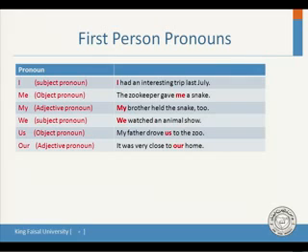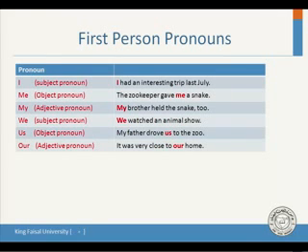He told me a story. My, we call this an adjective pronoun. My brother, my car, my sister, my family. My brother held the snake too. Okay, so I, me, and my, first person singular.